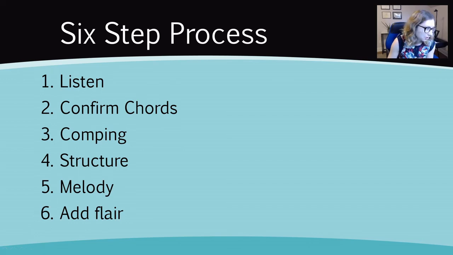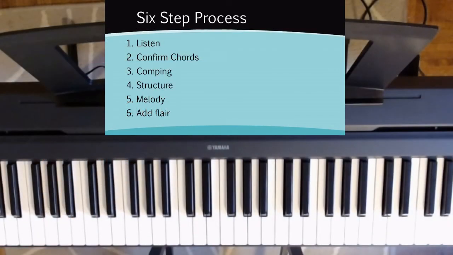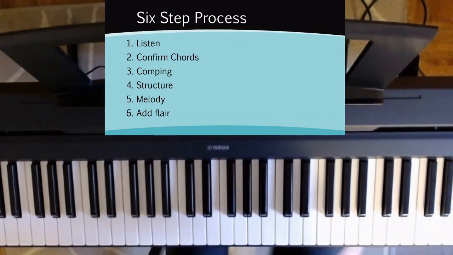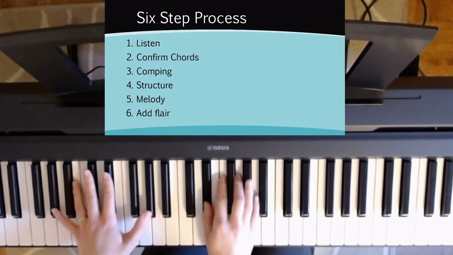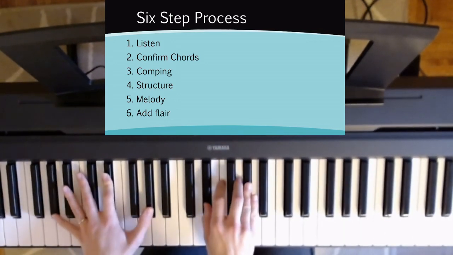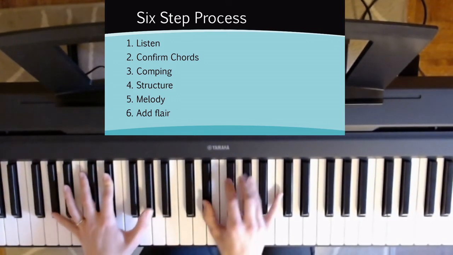Maybe what I'll do is I'll go back to my piano here and just show you some of these flairs that you could do with "Perfect." So I have my melody coming in. I know it starts on A flat.